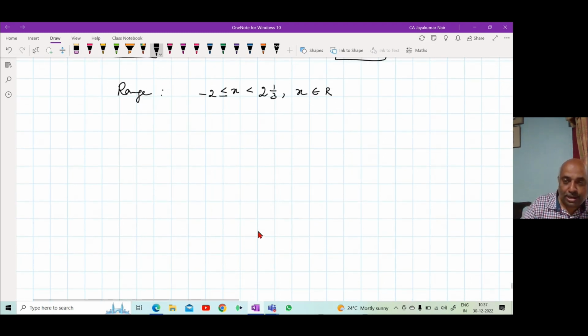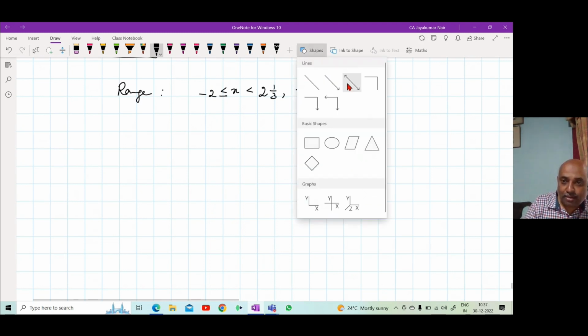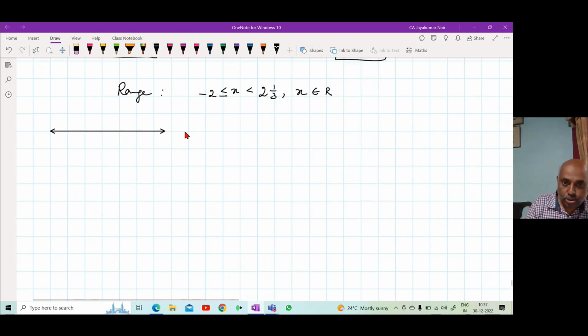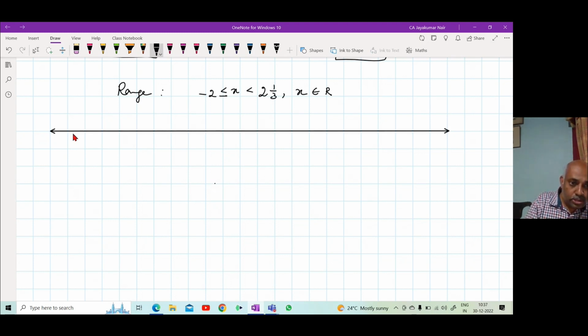So you have to draw the number line and represent it. So I'll draw the number line. So here I'll take minus 3, minus 2, minus 1, 0, 1, 2, 3, 4, and goes on.